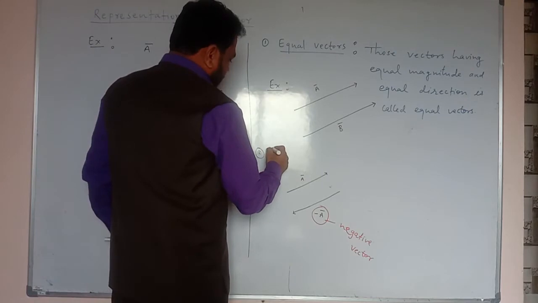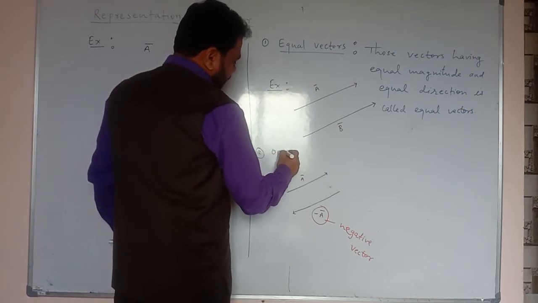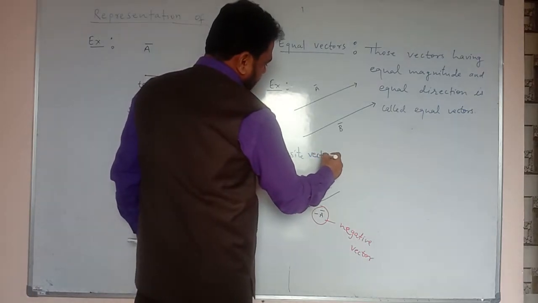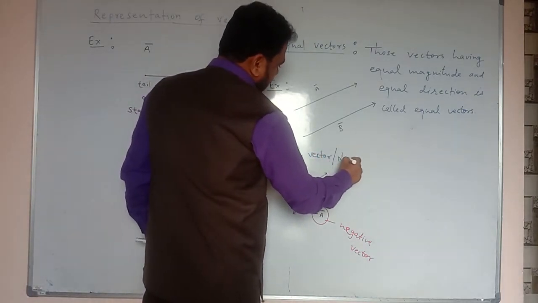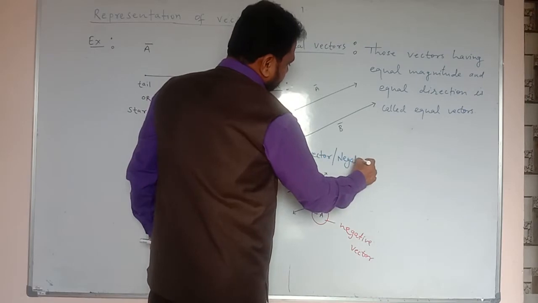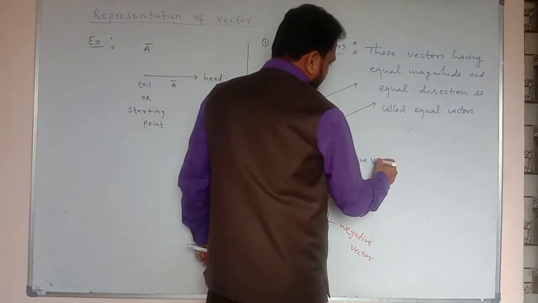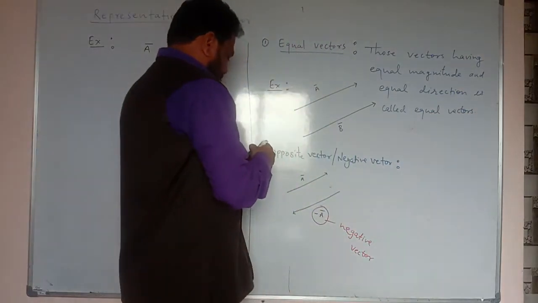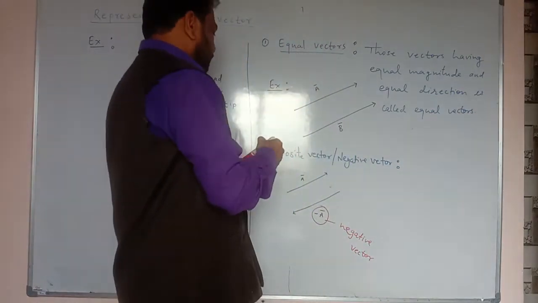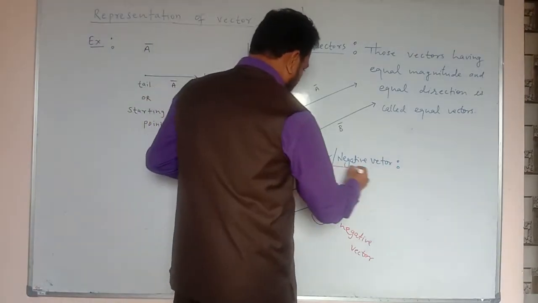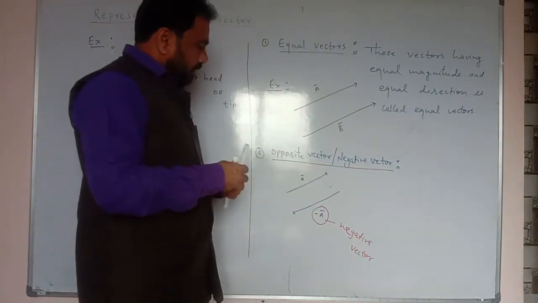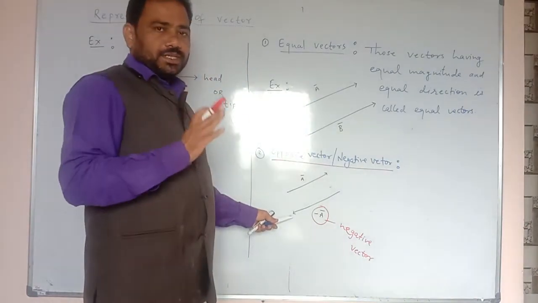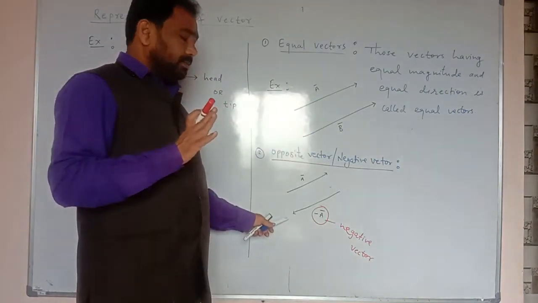So opposite vector, or it is called a negative vector. Opposite vector and negative vector means what? A vector having the same magnitude, means the magnitude must be the same here, but the direction must be different.